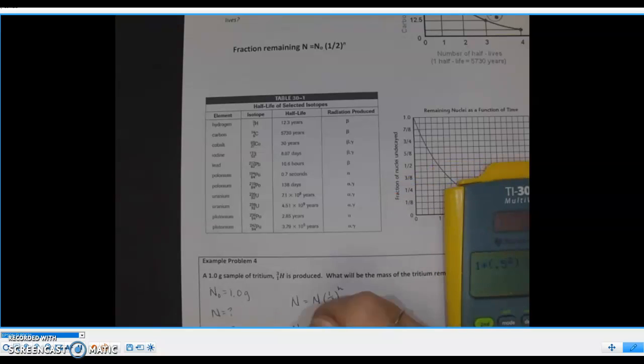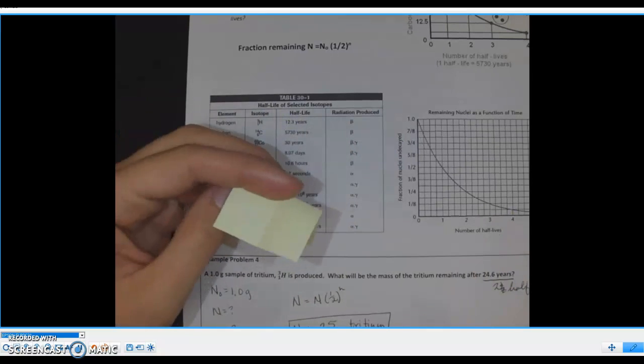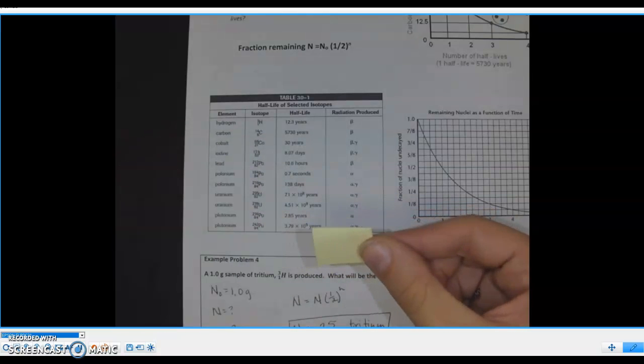And so we're left with 0.25 grams of the tritium. And that makes sense, because if 1 gram is the full amount, and we have 2 half-lives, then we'll be left with 1/4 of a gram.